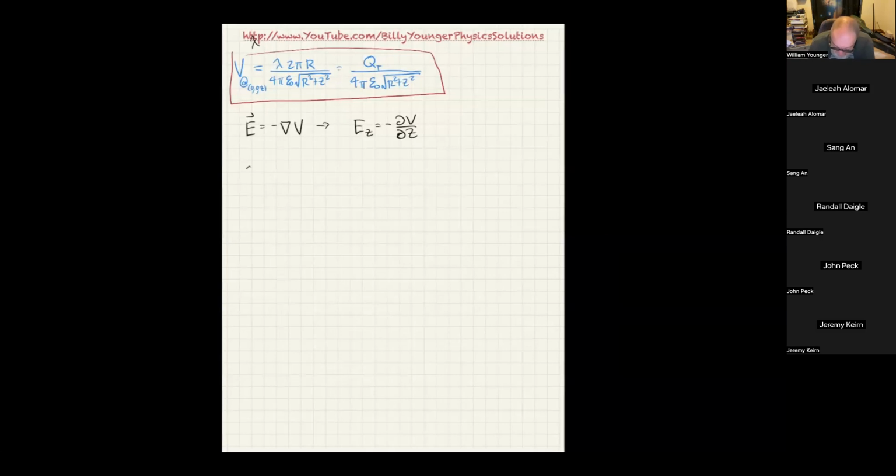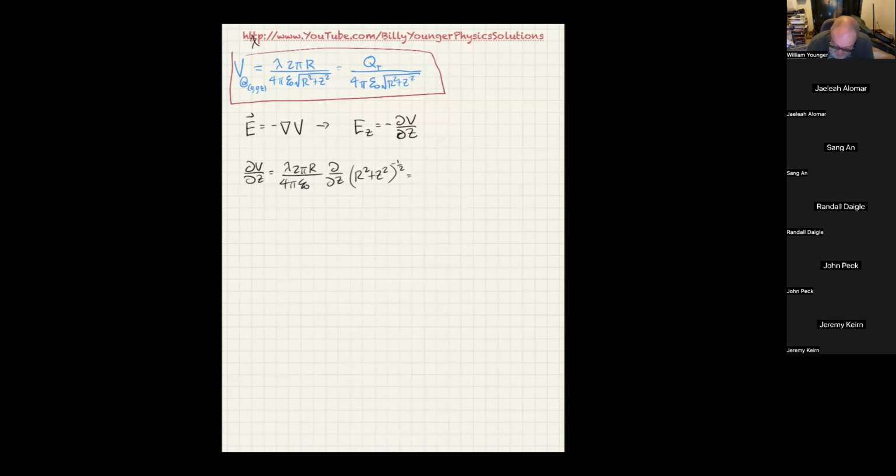I'm going to take the derivative of V with respect to Z, and I'll take the lambda 2 pi r version. So I'm going to say lambda 2 pi r over 4 pi epsilon naught, and then the derivative with respect to Z of r squared plus Z squared, which could be written to the negative 1/2 power.